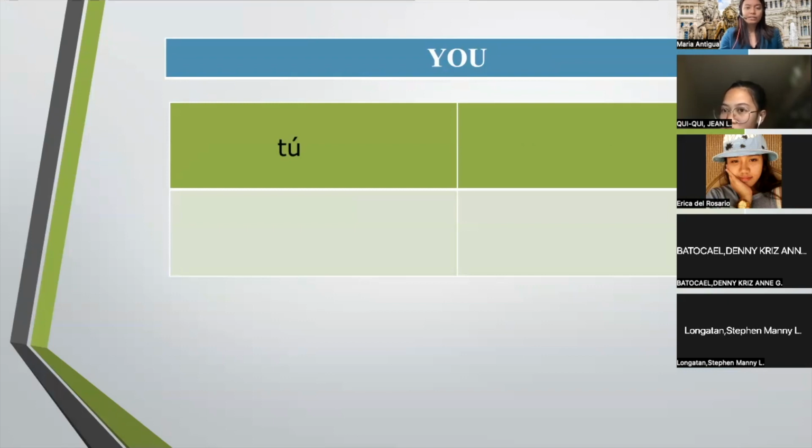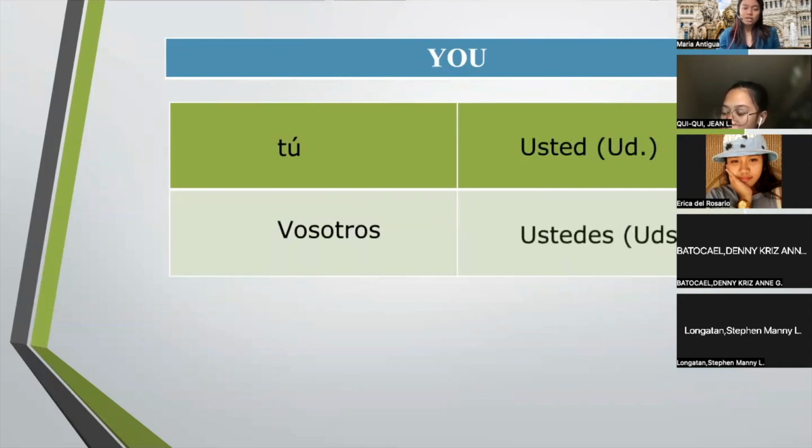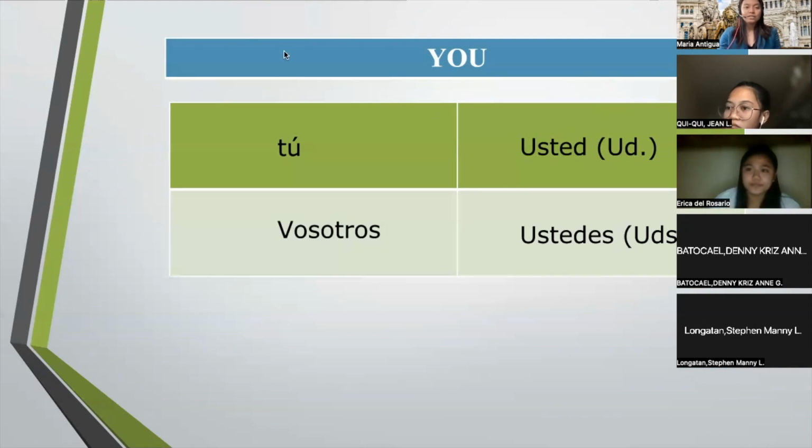Tú, informal, usted, formal. And these are singular. Vosotros, informal, ustedes, plural, and these are plural. So all of these, they mean the same thing, which is you.